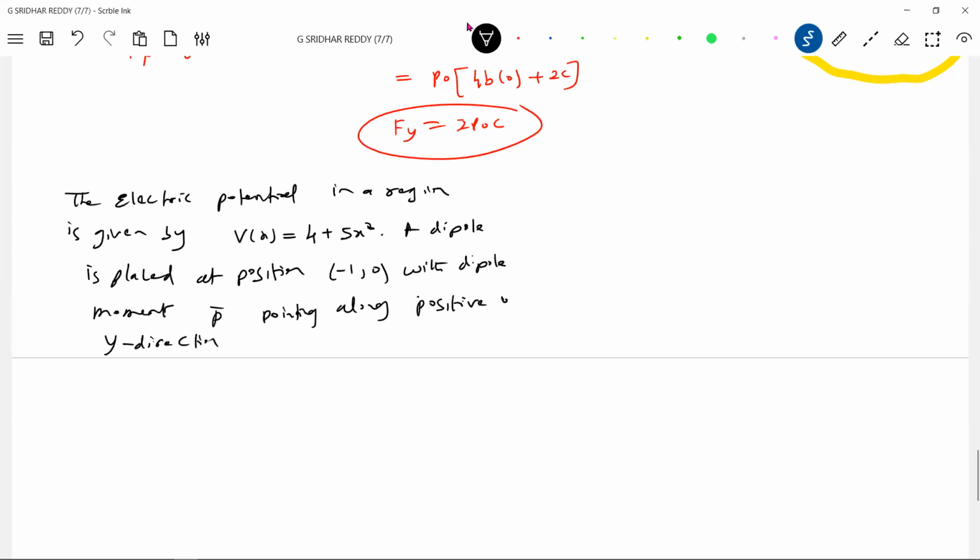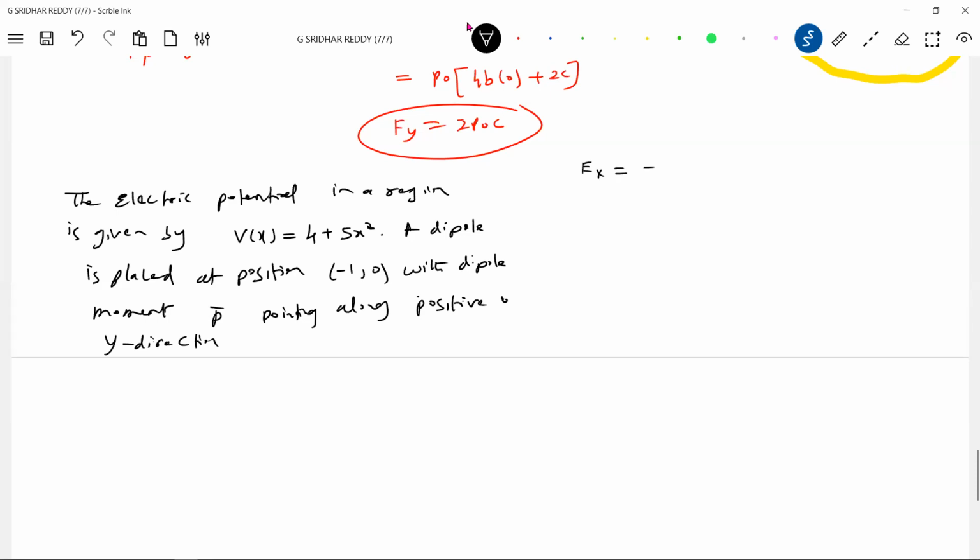Okay, it is asking what about the net force and net torque? Now look at the potential V of x we have. If they give potential, what shall we do? We'll calculate the electric field.